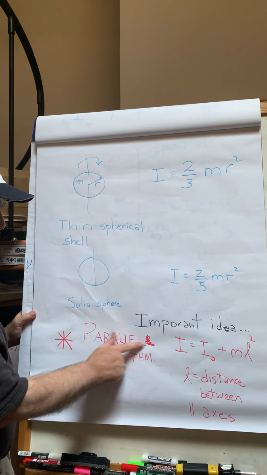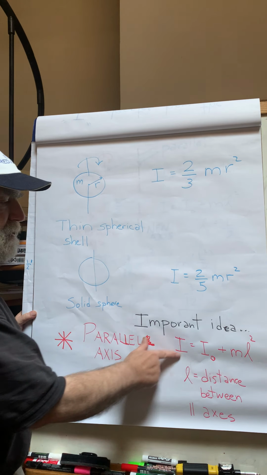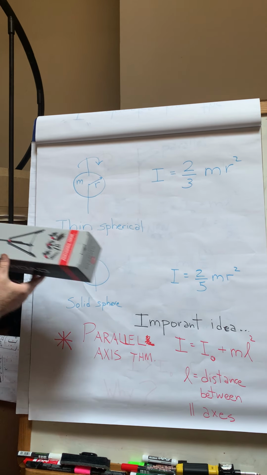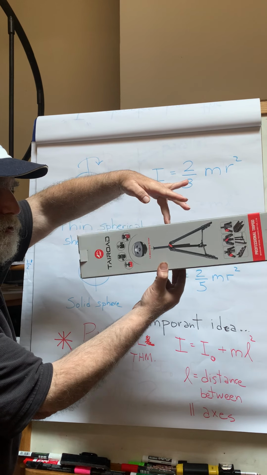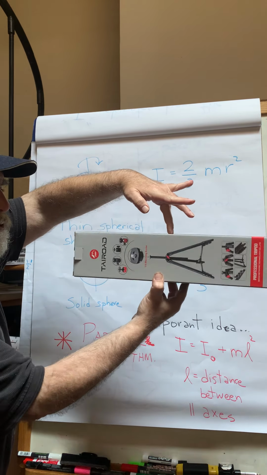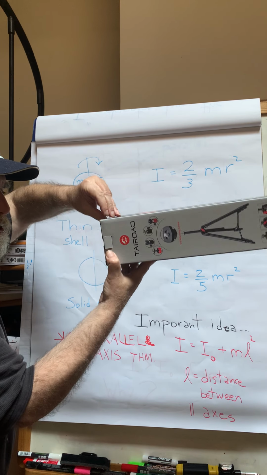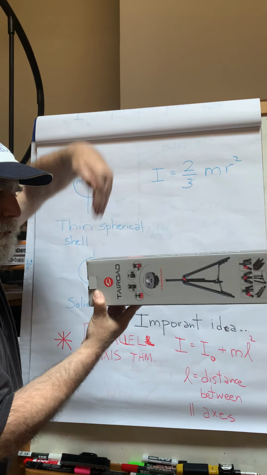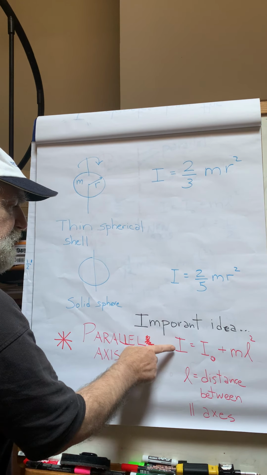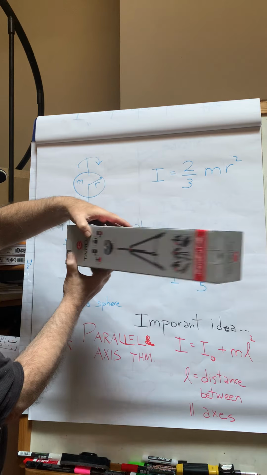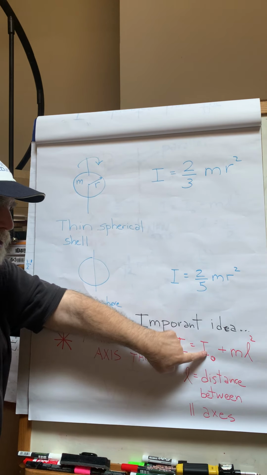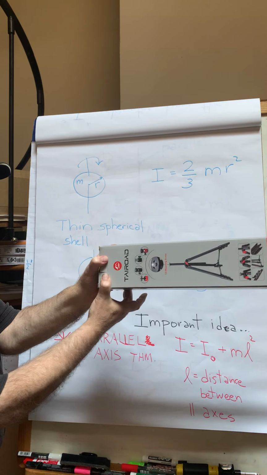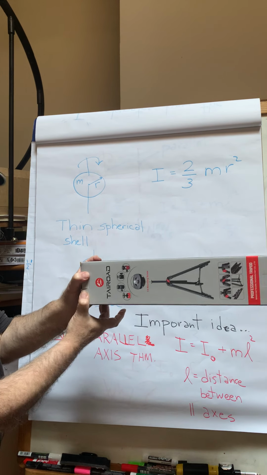Okay, so the parallel axis theorem says that if I want to move the axis of rotation from here to here, it's parallel, and I moved it some distance, the new moment of inertia is the old moment of inertia plus the mass of this object times the length that I changed the radius of rotation.